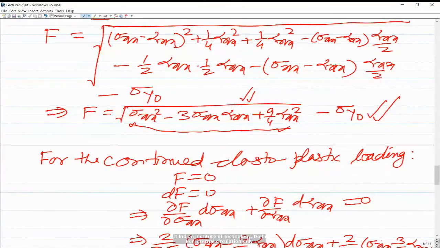The end points of the line segment are my yielding points. If we have sigma xx minus 3 by 2 alpha xx equal to 0, then that line segment will reduce to a single point, which is not possible when the material is actually yielding.